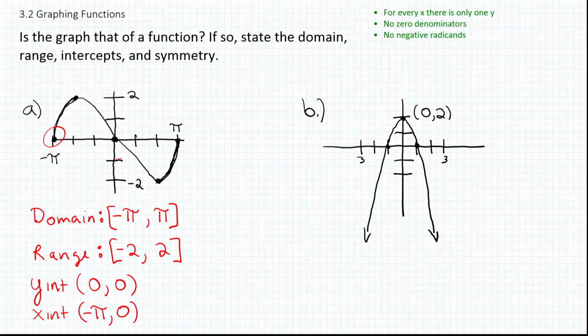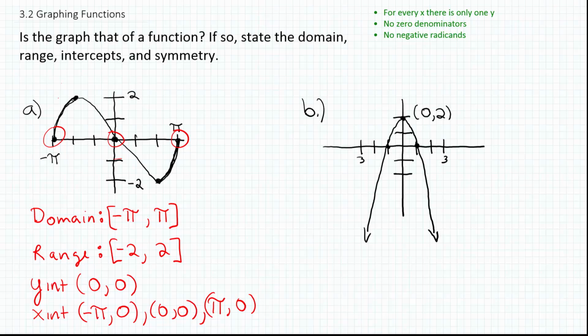All x-intercepts have a 0 y-coordinate, remember that. Then we also have the origin again, so 0, 0. And then finally we have this value here, which is basically at pi on the x-axis and 0 on the y-axis. So those are your x-intercepts.